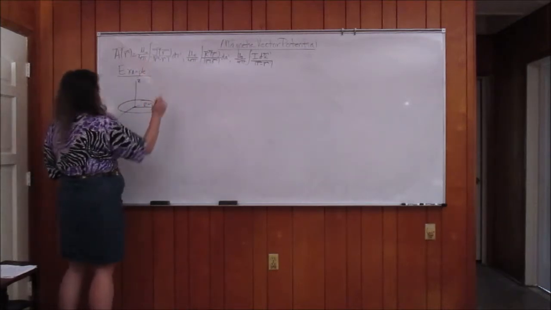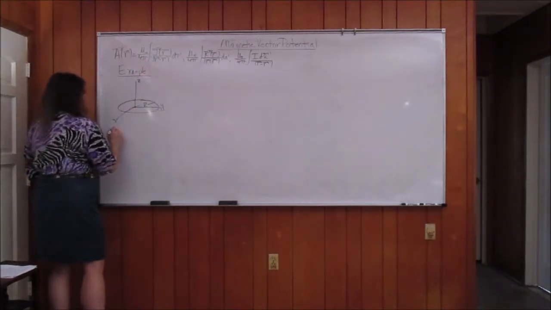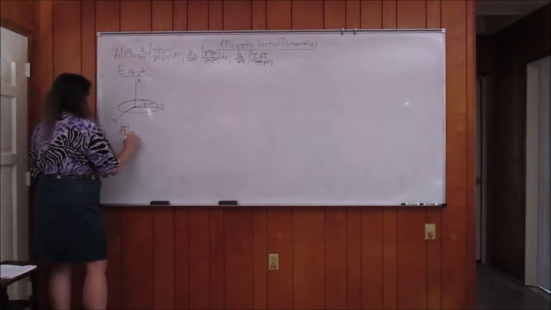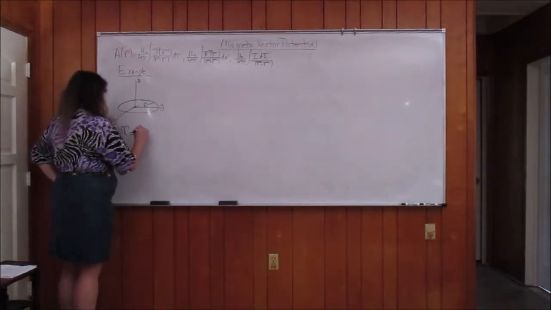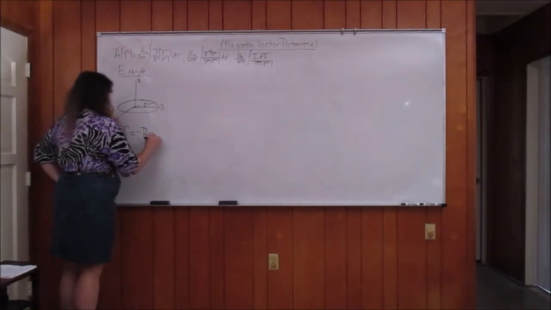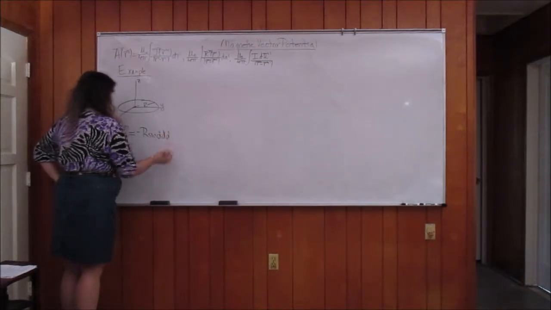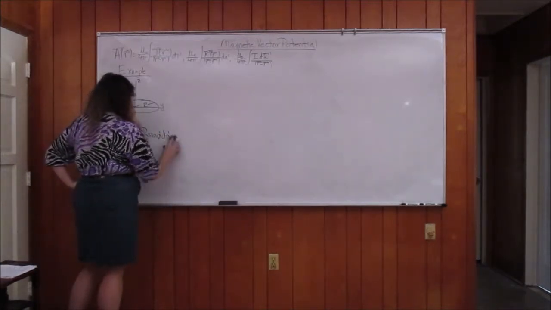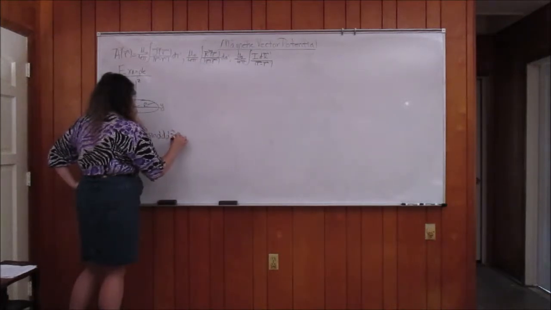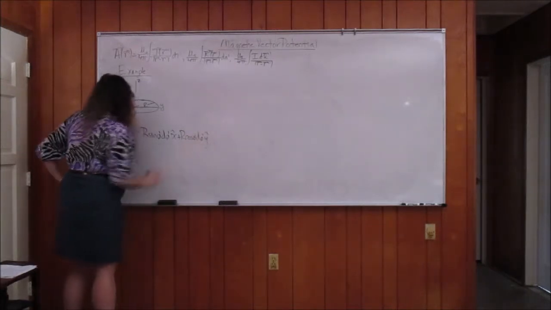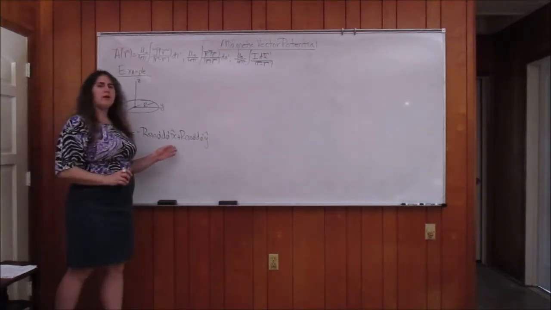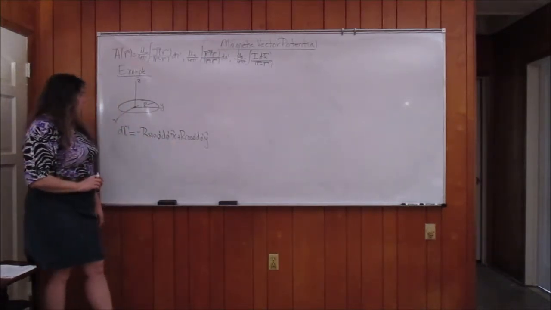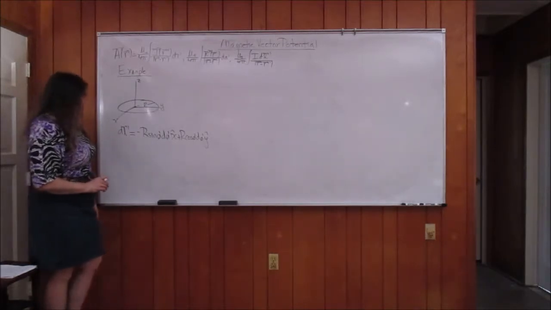Okay, so this is a line current, therefore we use that expression. And I need to write down what the line element looks like. Use cylindrical coordinates: minus R sine phi prime d phi prime in the x direction, plus R cosine phi prime d phi prime in the y direction.